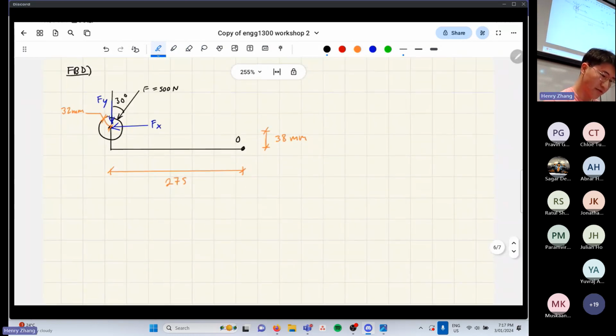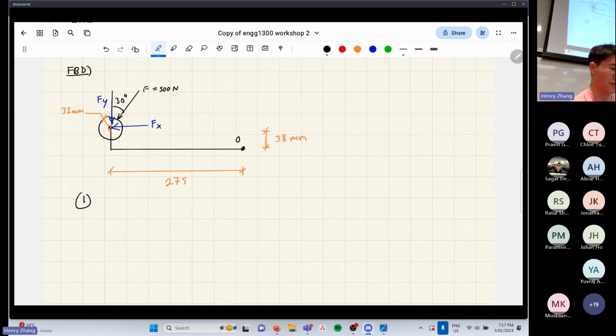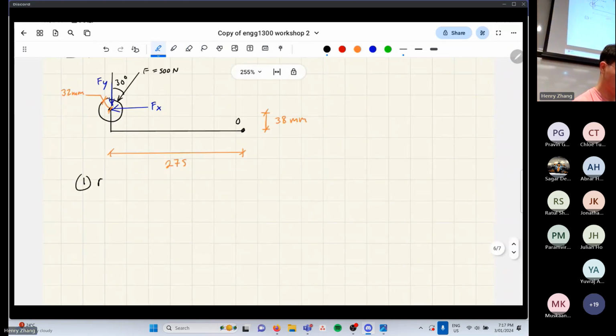First, this is kind of optional, but I'm going to simplify the question a little bit. I'm going to break the force F into its X and Y components.